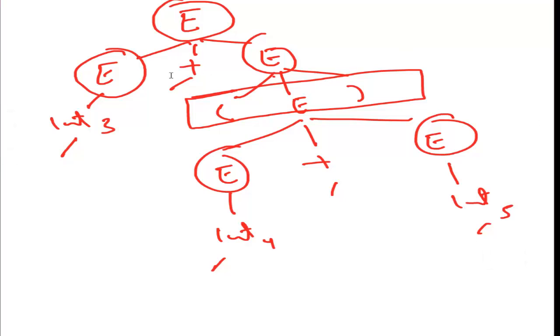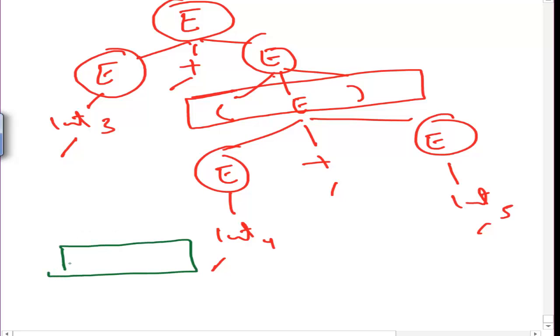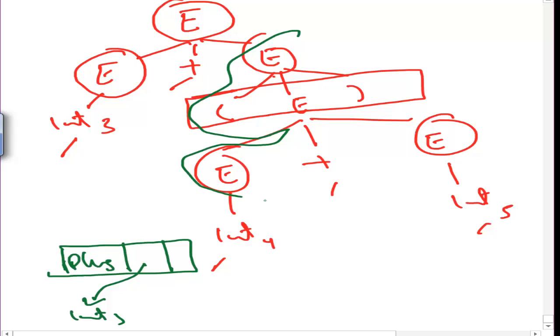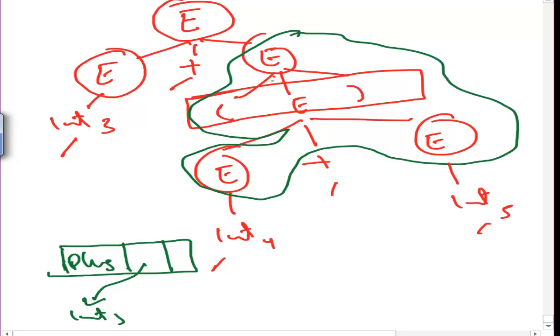Maybe I will use this plus as a node, and I may have two children of it. One is pointing to the int 3, and the other is pointing to the rest. I will skip all these things, I will skip everything else.